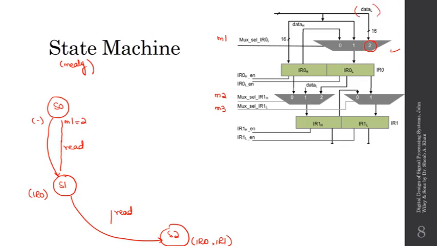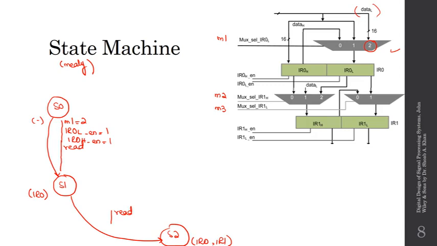Similarly, we need to set the enable signal to high. So I'll just write it once: IR0L_enable will be 1. Similarly, IR0H enable signal should also be equal to 1, so that we save both values, the lower part and the higher part of the instruction, into the respective registers.